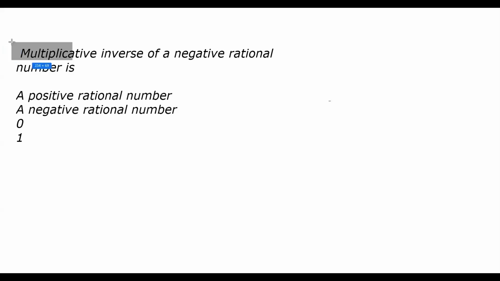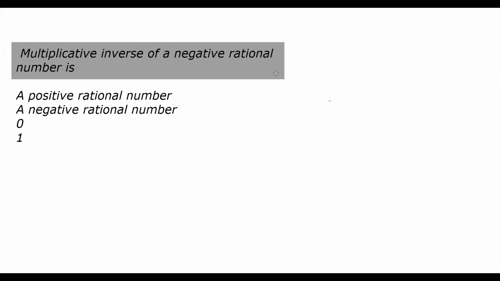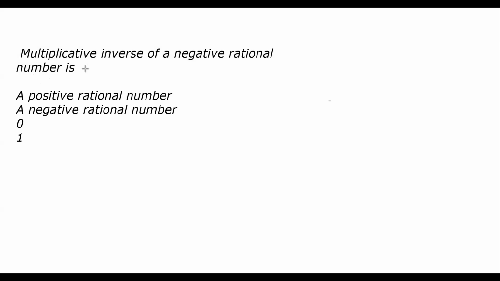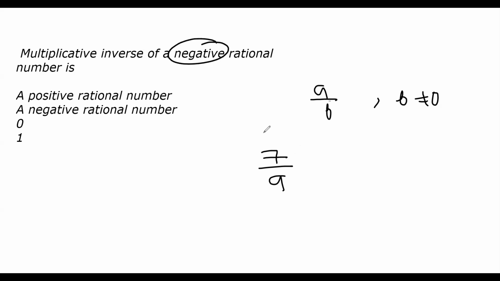The next question is the multiplicative inverse of a negative rational number. So what do we know? If I talk about any rational number, a over b, where b is not equal to 0, or let's take an example, 7 over 9. This is a rational number. And when we talk about a negative rational number, it should have a minus. Now we are looking for its multiplicative inverse.